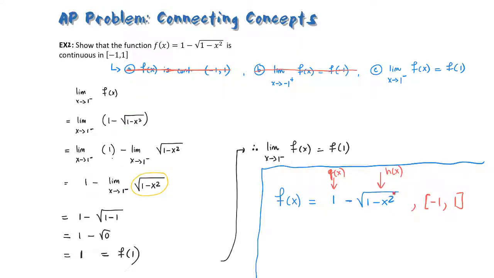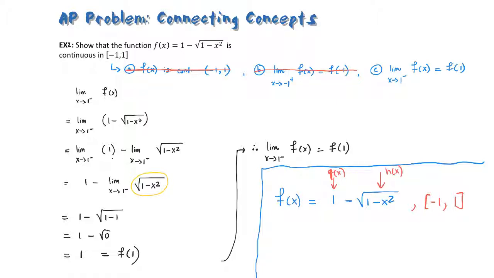So then the square root was completely happy with these x values right here. So then that meant that the radical function, together with the quadratic, was continuous in that interval. And we already have a property that says if we are subtracting two continuous functions, then the difference is continuous as well. So this is pretty much the intuitive explanation of the algebra that we went through.